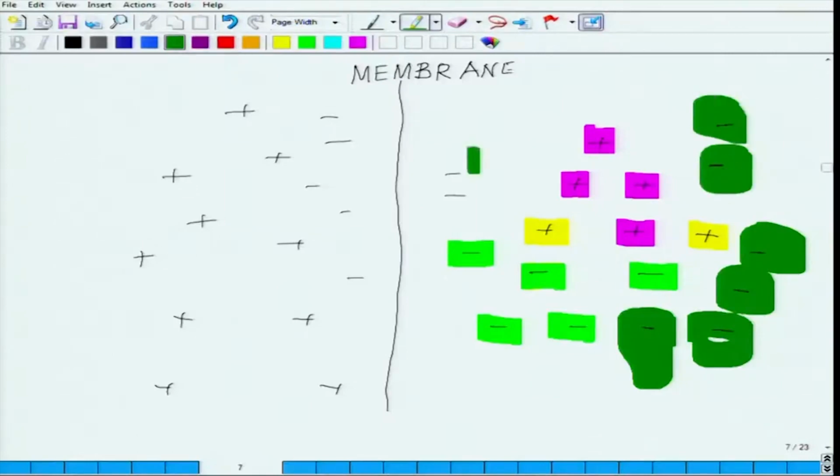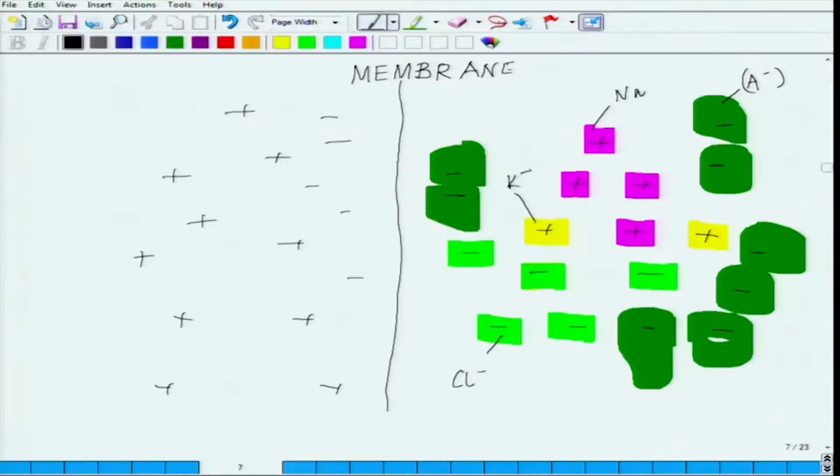There are a lot of proteins inside, and let us label them. So, this is sodium, this is anion A minus, this is chloride, this is potassium. Now let us do the same thing again.